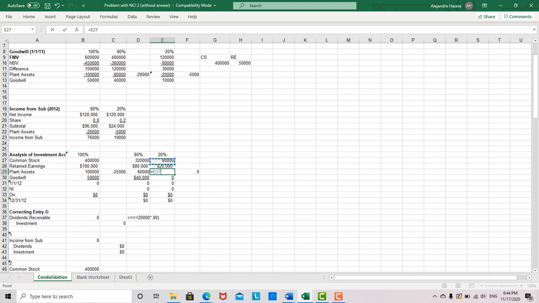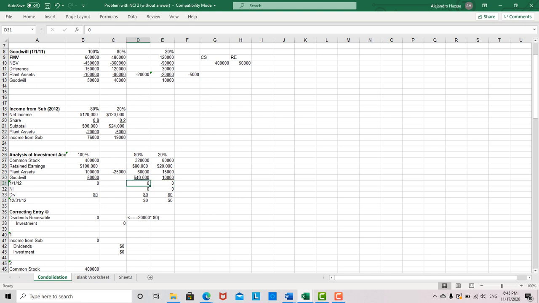It's 20% times 100 minus 25, which should give you 15,000. Let's try that again. 20% times 100,000 minus the 25,000: 15,000. Don't know what happened to the other one. Same equation, it seemed like. Okay, and then finally, goodwill is 20% times 50,000, or 10,000.